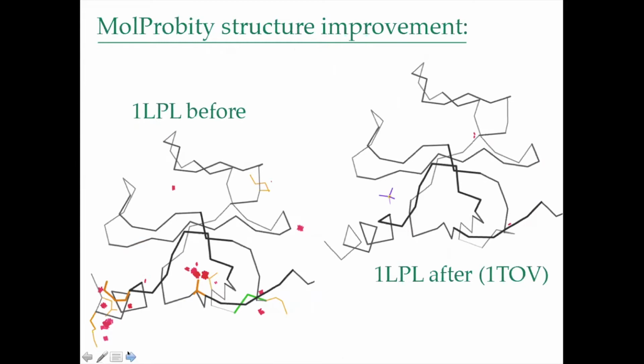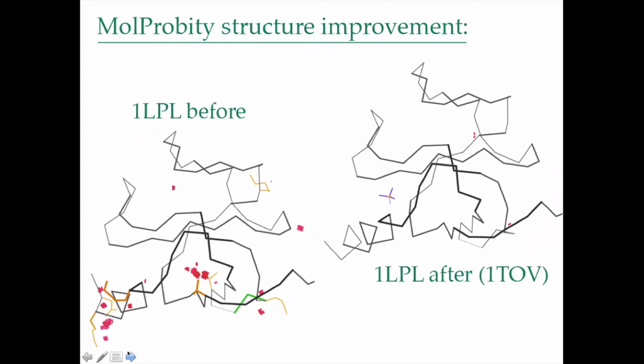So, as I said, at higher resolutions, sort of anywhere around 2 angstroms up to about 2.5, this process really works. If you get rid of almost all the outliers, you really do have a better structure.